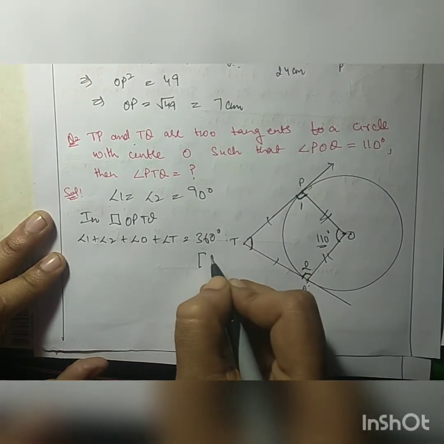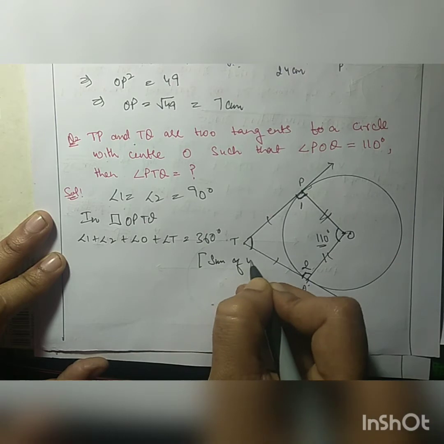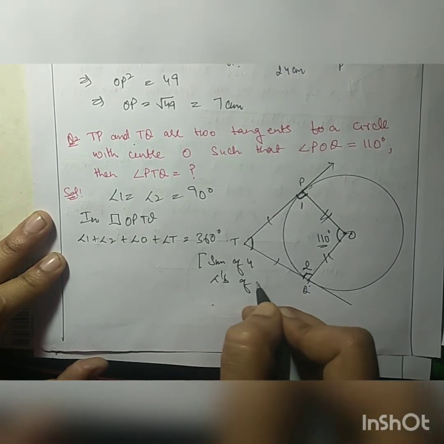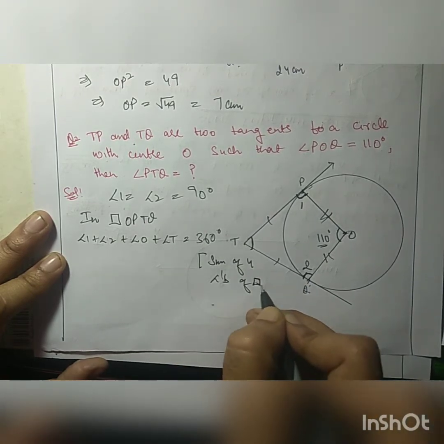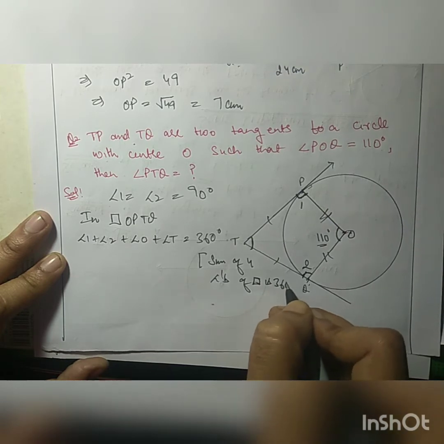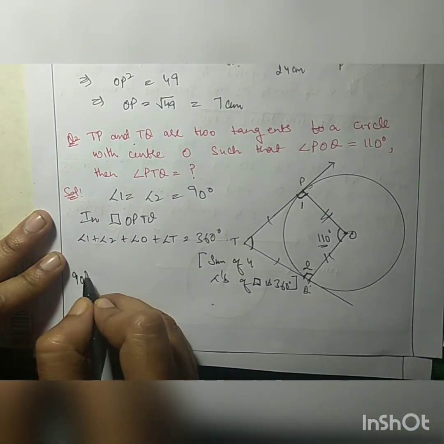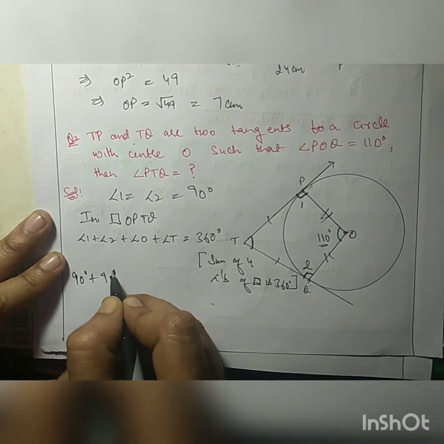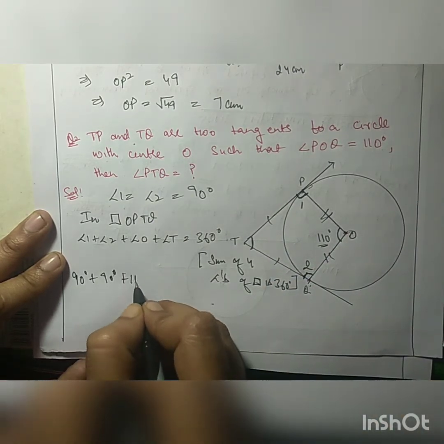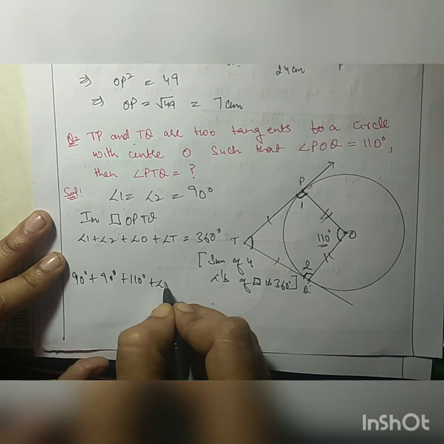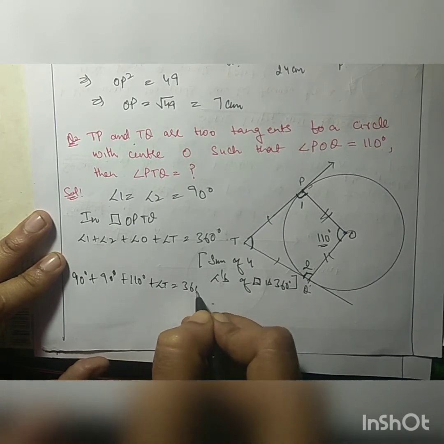Reason? The sum of four angles of a quadrilateral is 360 degree. So the value of angle 1 is 90, angle 2 is 90, angle O as we are given is 110, plus angle T is equal to 360 degree.